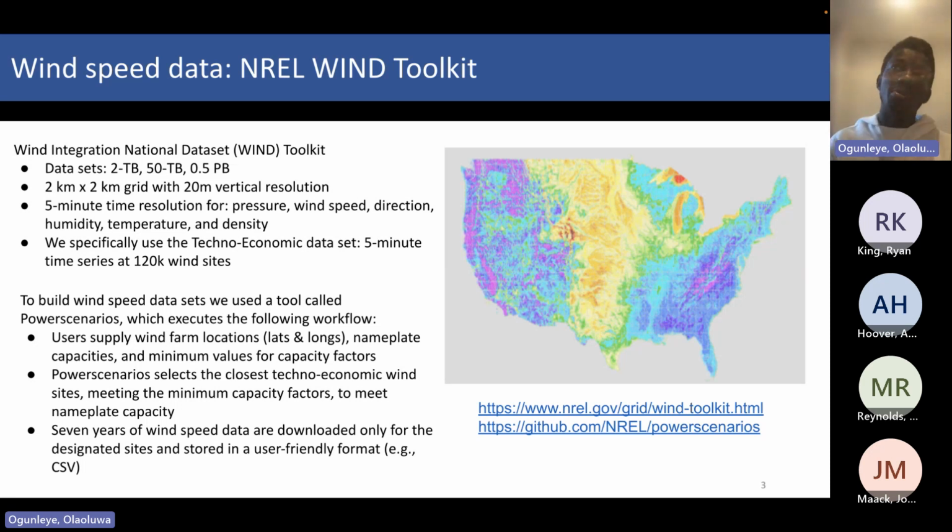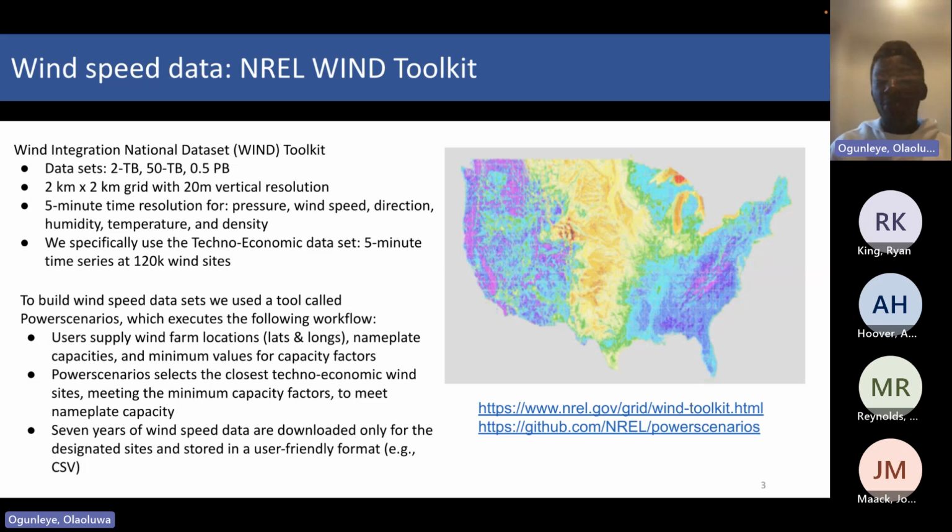To be able to filter this wind speed from the data set, we use a local tool called power scenarios. Essentially, the way it works is the user supplies wind farm locations by supplying the latitude and longitude, nameplate capacity, and minimum values for the capacity factors.